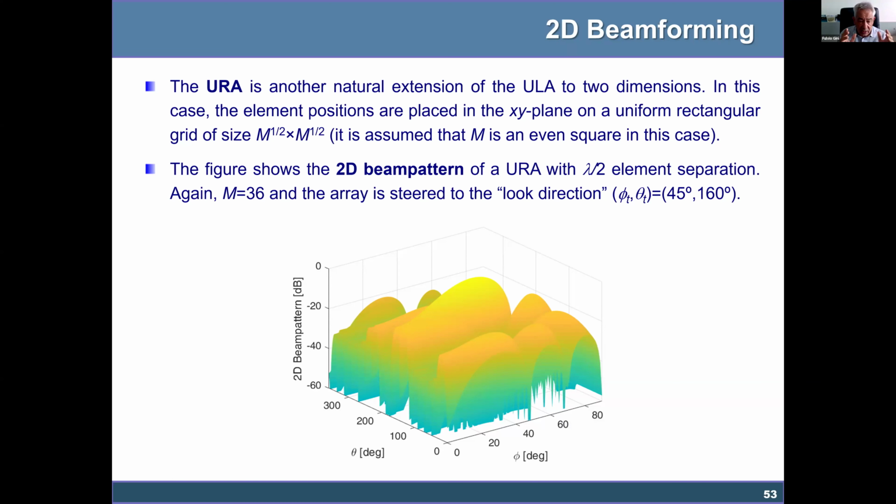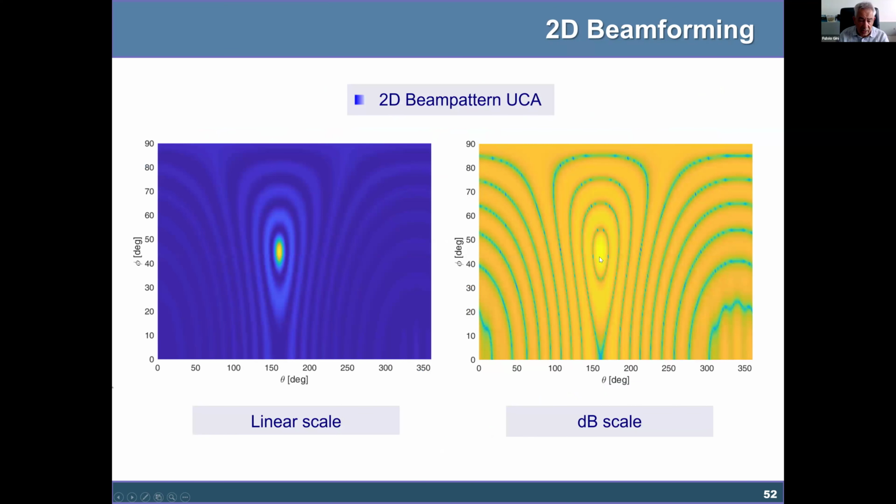You can understand that with respect to an array where the 36 elements are distributed over a circle, here the aperture is smaller because you have elements also inside. And because the aperture is smaller, it's quite intuitive that the resolution is worse. So the main lobe is wider than in the other case.